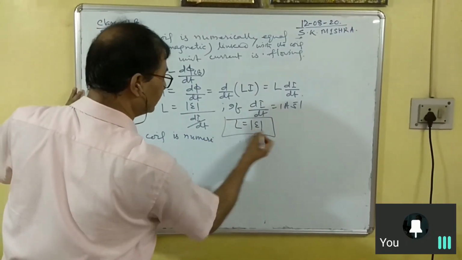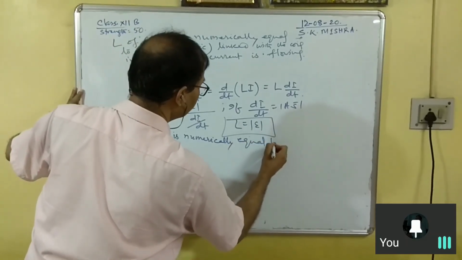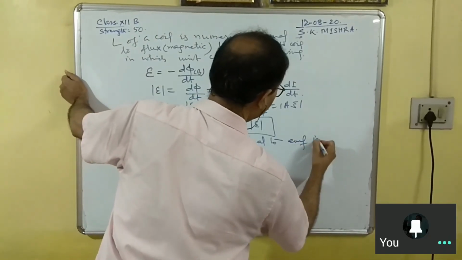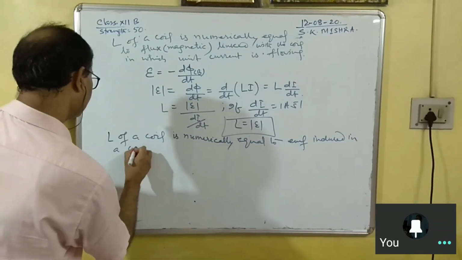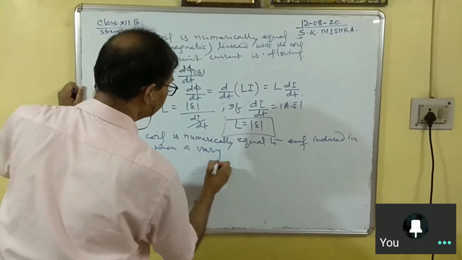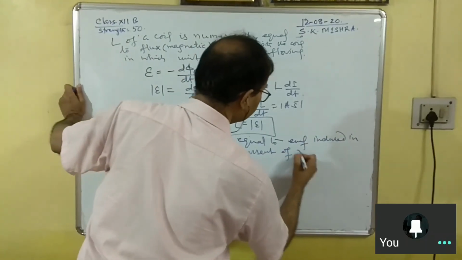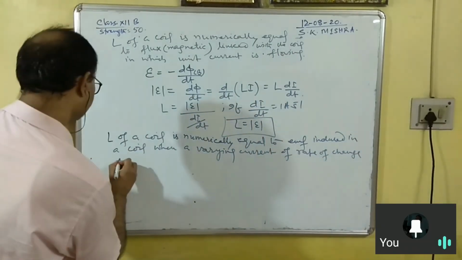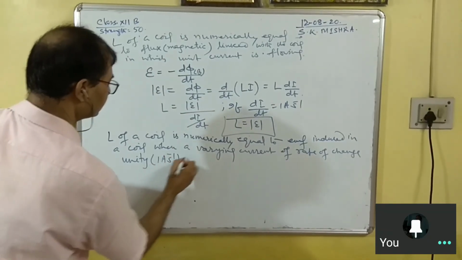Because they are different in units, numerically equal to the EMF induced in a coil when a varying current of rate of change unity, that is 1 ampere per second, flows through it.